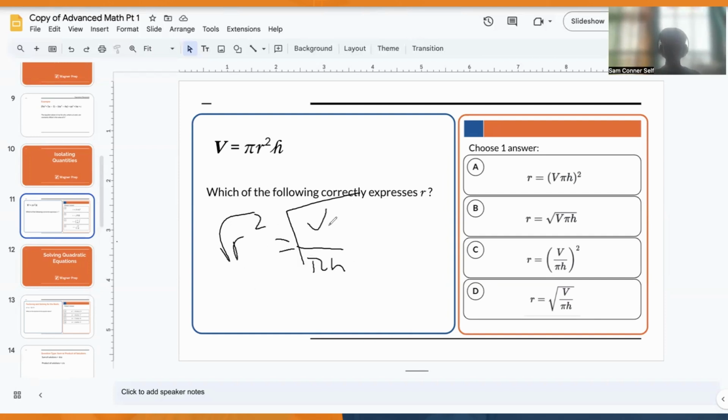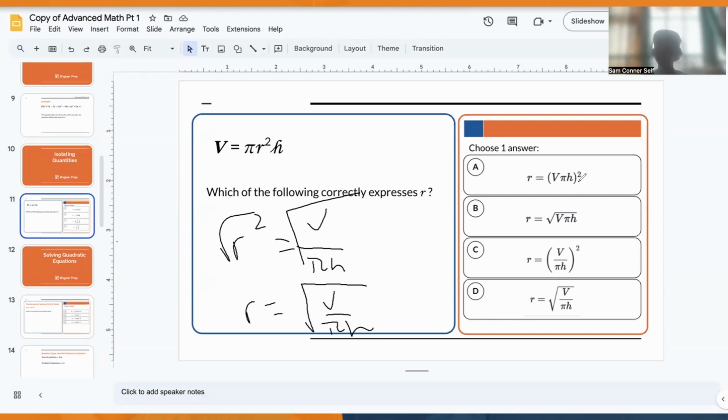So we're going to also take the square root of this side. And then we're going to get r is equal to the square root of V over pi h. And then when we're looking at the answer choices, we look and see which one matches. And we see that D is going to be the correct option.